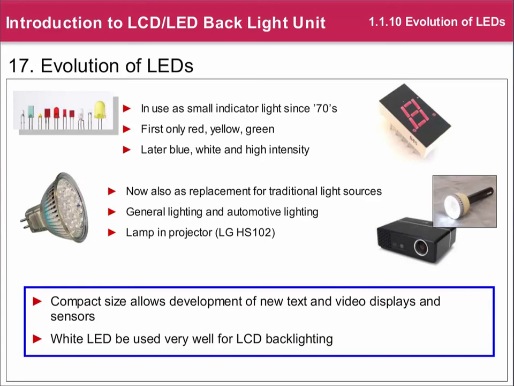The light output of the LED has increased drastically, and today there is a trend to replace the traditional lights by white LED lamps, such as in spotlights, torches, and in the automotive industry. Because the LED can be switched on and off in an extremely fast manner and has a high light output, it is an ideal candidate for application in the backlight for LCD panels.